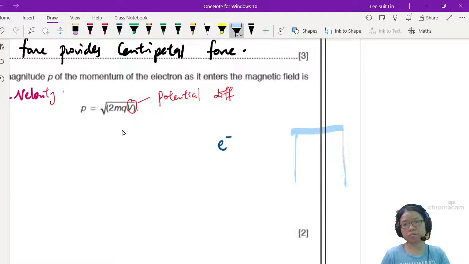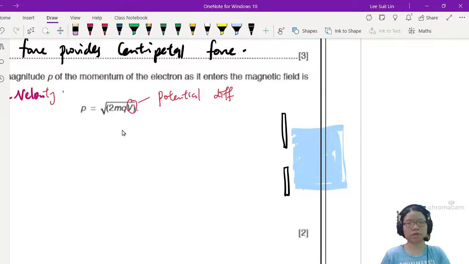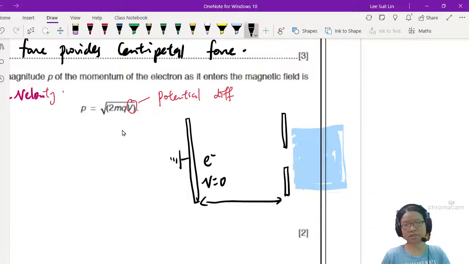I'm just going to draw a box here to represent the magnetic field. To allow it to have a certain speed when it's accelerated from rest, we'll put some plate here that is not drawn. And then let's say the electron here, v is equal to 0. And of course here, maybe I will put another plate, and here is grounded. So the potential difference here is V.